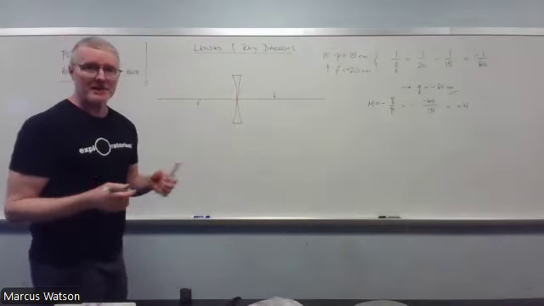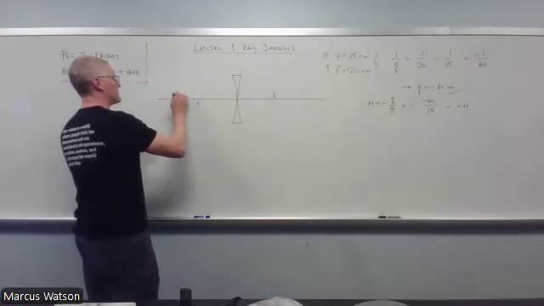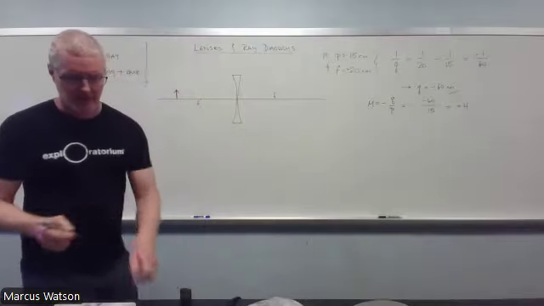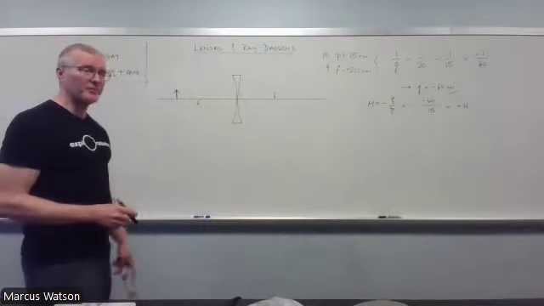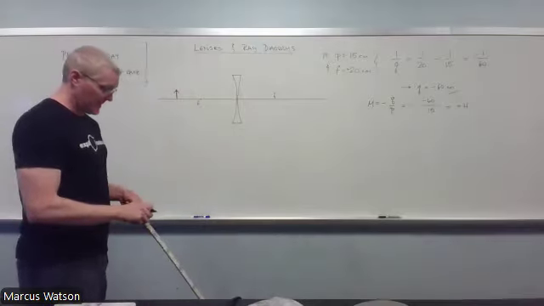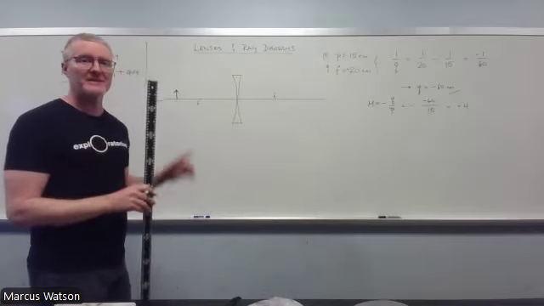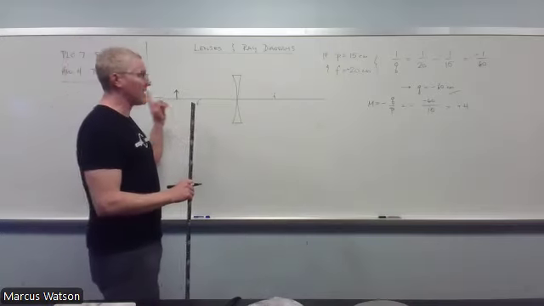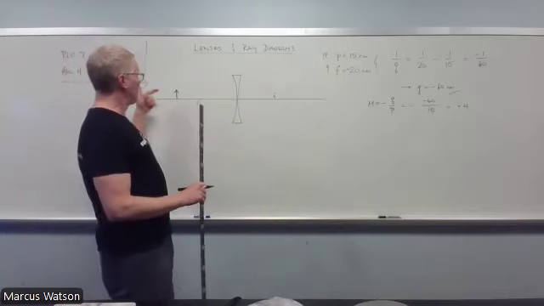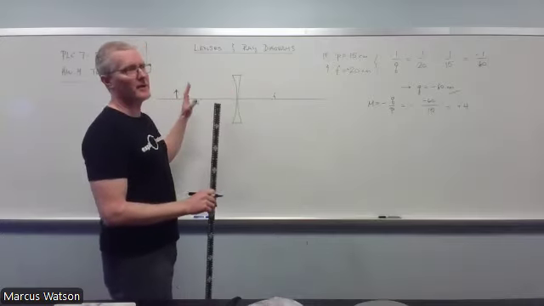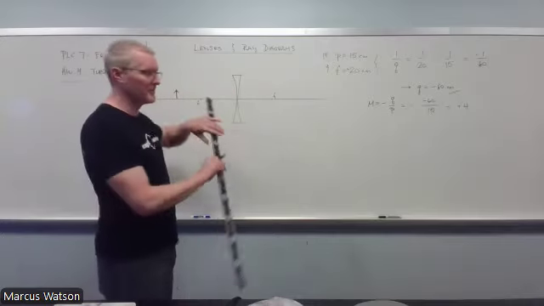If I take an object outside the focal point, like so, I can draw my principal rays yet again, with the adjustment that I don't go through the focal point on the same side as the object. I go initially in parallel, and then, well, I flip how I'm using them, let's put it that way.